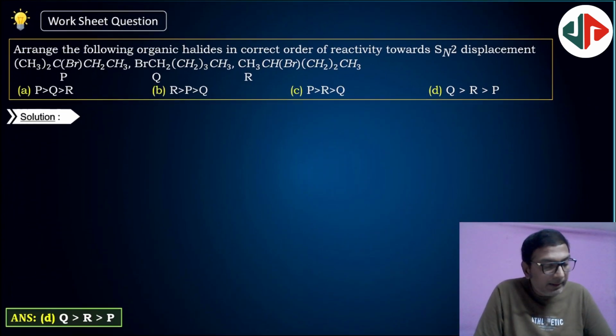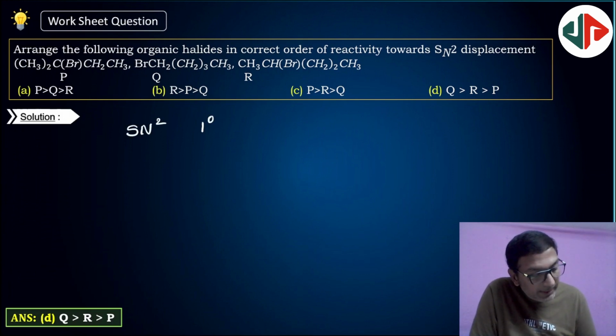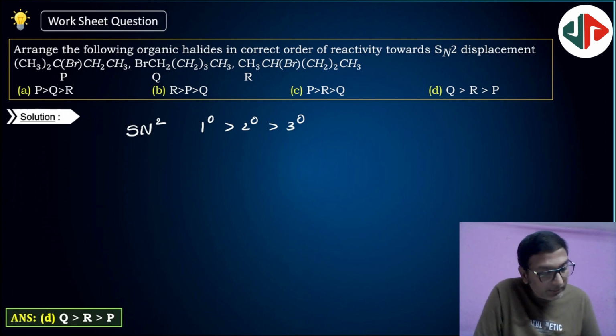Select the following organic halides in correct order of their reactivity towards SN2 displacement. So SN2 means first primary, secondary, tertiary should be there. SN2 order. So first here CH2Br is given Q. So Q is primary.